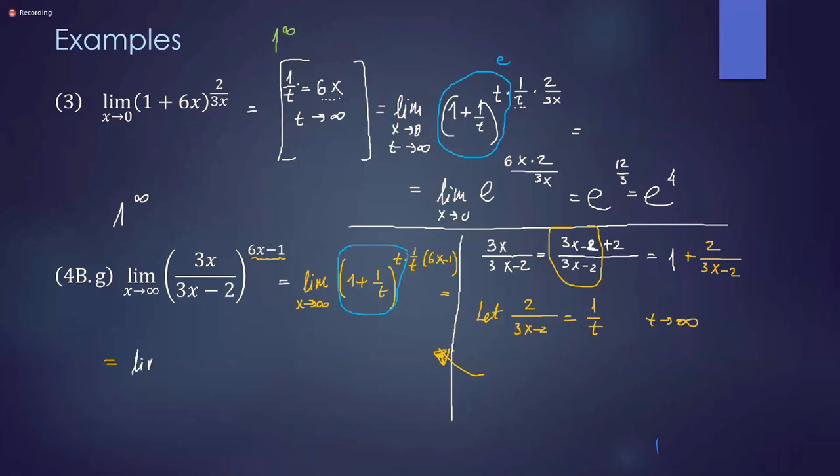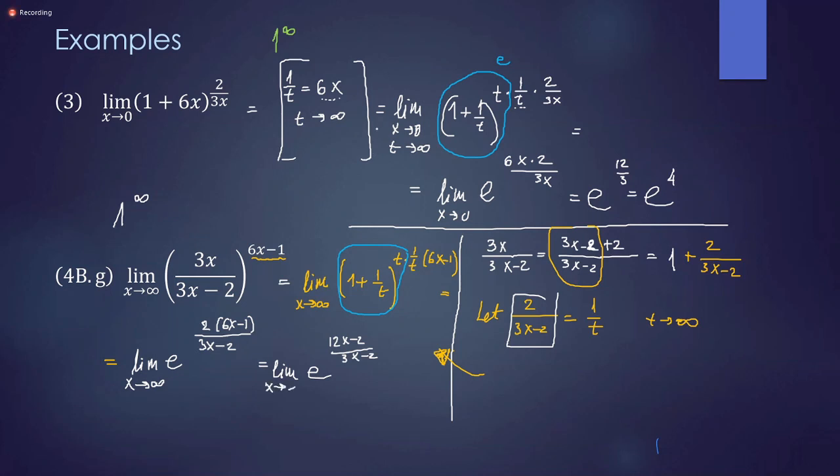This is 1 over t, so I write power 2 divided by 3x minus 2, that is 1 divided by t, times this real exponent that we had, 6x minus 1. And when we open this, well, basically we would have e to power 12x minus 2 divided by 3x minus 2, x tends to infinity, and now everything depends on whether you want to do this limit on the side again, or you can manage it in there.